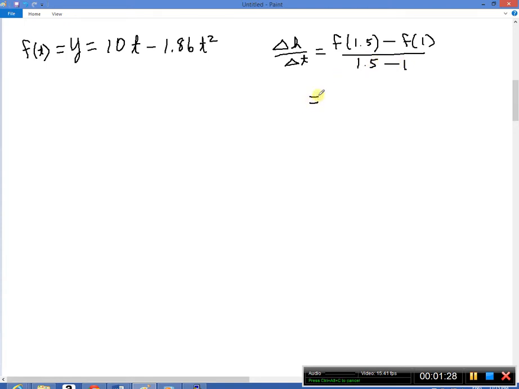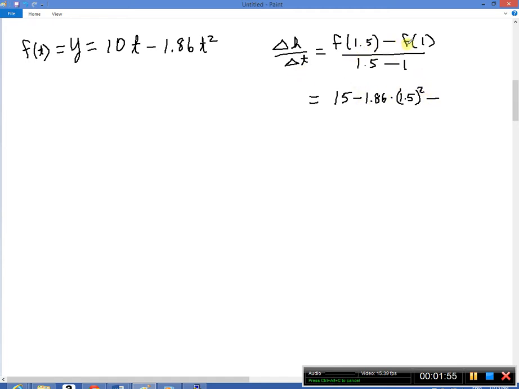That's just what you get when you plug in 1.5 in here. I can do 1.5 times 10 in my head. That's 15. Then I have to put 1.5 in here, square it, and multiply it by 1.86. So it's 1.86 times 1.5 squared. And that's good enough for f of 1.5.